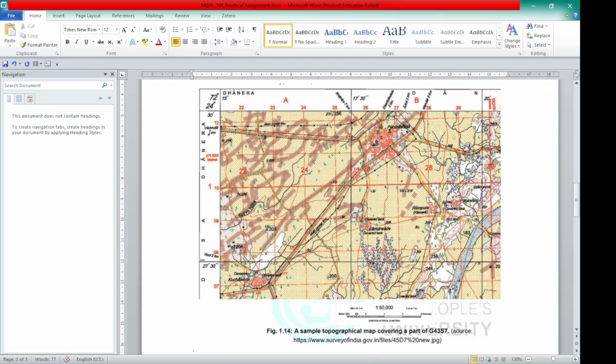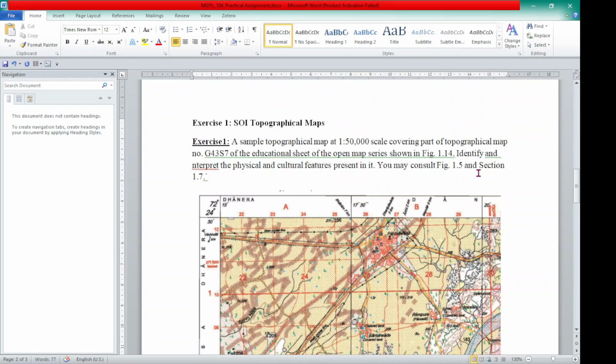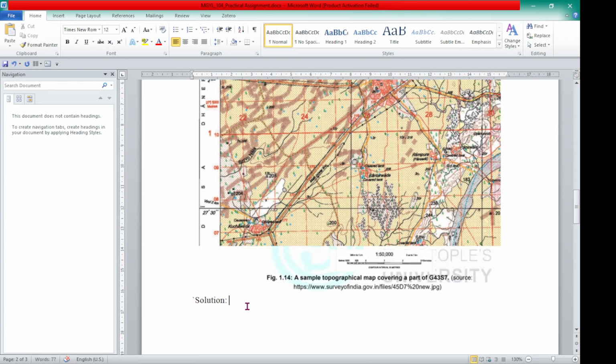So the first thing that we will mark is spot heights. We'll come back here and we will write down our solution. First one is physical features. We have to mark physical features. So let's write down physical features first.